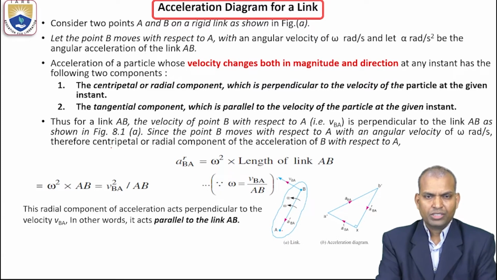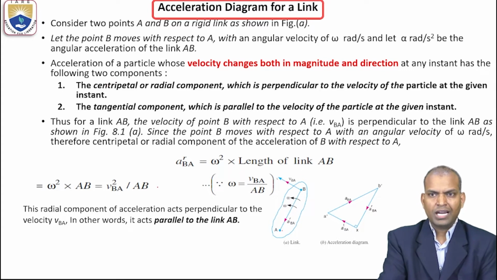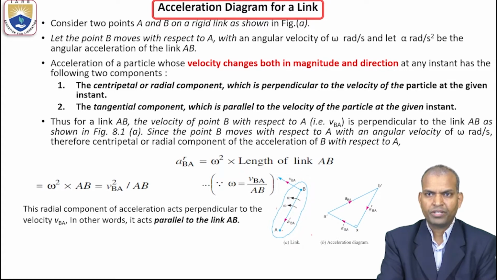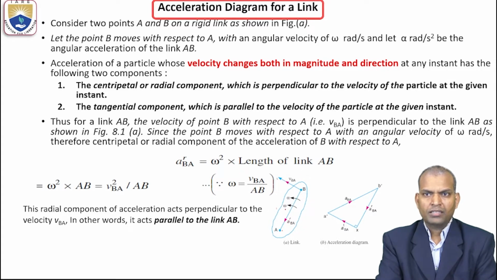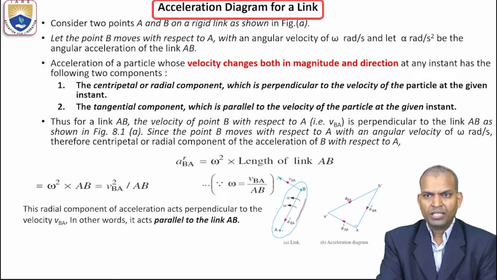Let me read the points step by step, and I will explain so that you will understand better. We are considering 2 points A and B on a rigid link, which is shown in the figure. Next, let the point B, this is called the tangential component of acceleration, and the radial component acts radially downwards.